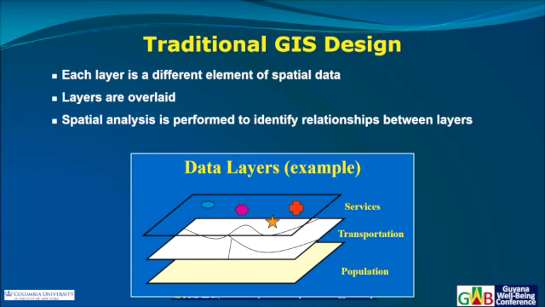Every layer you can think of, you can put over on a map and overlay on top of each other. So your base layer would be something like the population at the village level, the provincial level, the regional level. Then you can overlay transportation lines like roads, and on top of that, medical services, location of hospitals, location of cases, et cetera. And then you can analyze the data, not only within the layer, but across the layers.